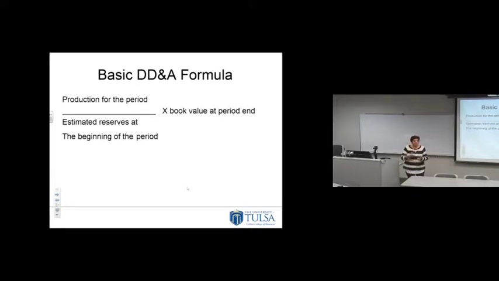Book value is what I put in as assets, the signing bonuses, the wells and equipment, minus any previous write-offs. When I write off to DD&A, something called DD&A expense goes to the income statement.